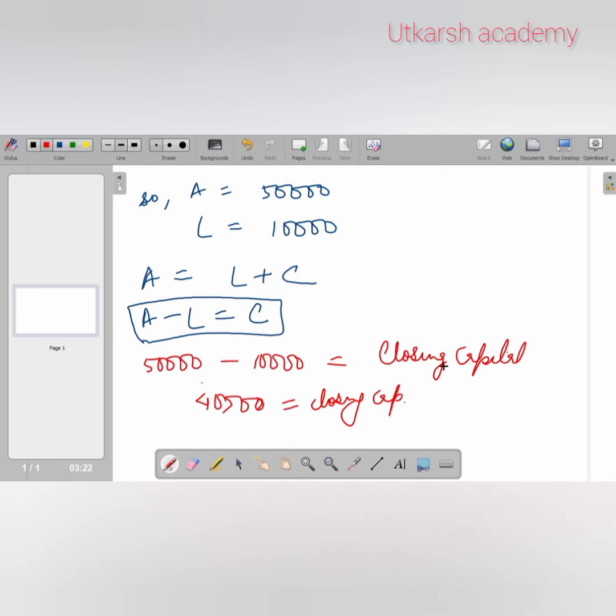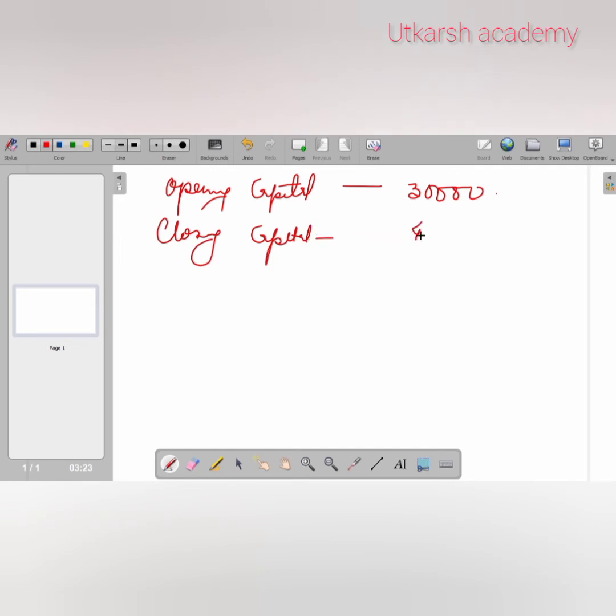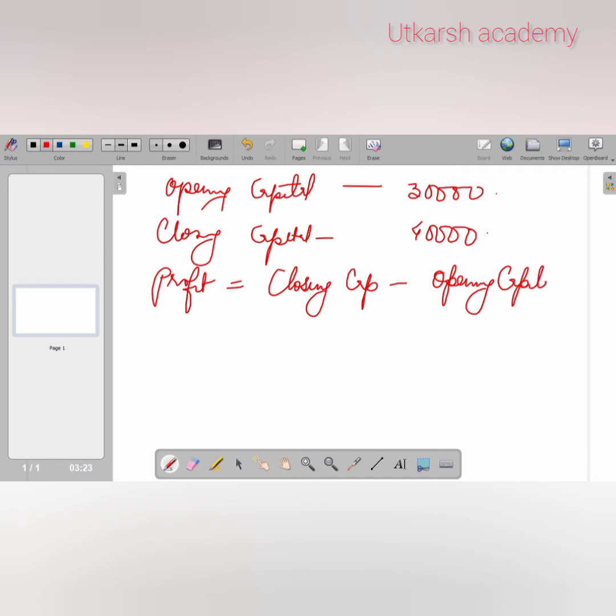Now, what is he asking? Profit. See, opening capital is given 30,000 and closing capital was 40,000. So profit is equal to closing capital minus opening capital.